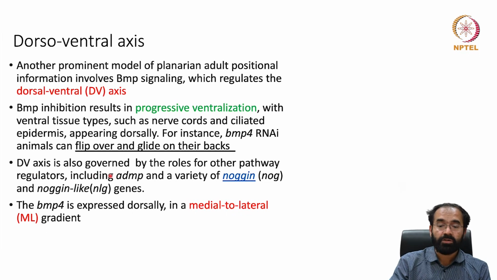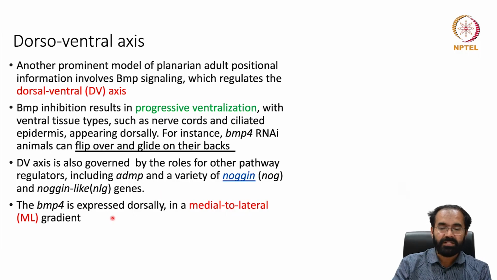The DV axis is also governed by roles for other pathway regulators, including ADAM, a variety of noggin, also known as NOG, and noggin-like genes, which are antagonists to the BMP signaling. Just like we said Wnt activators and Wnt inhibitors, there are BMP signaling activators and BMP inhibitors.